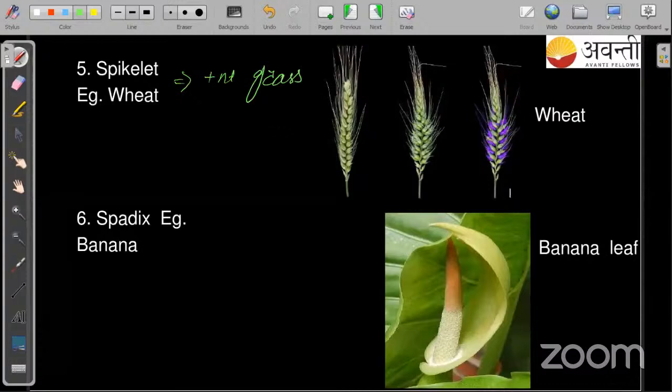It is a small structure, and this small structure contains a small axis, or we can say a short axis.